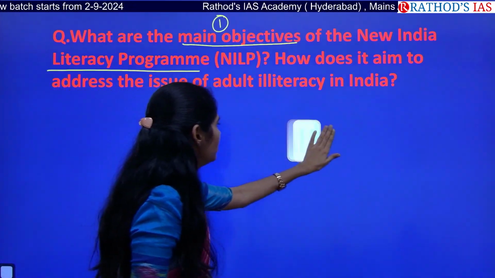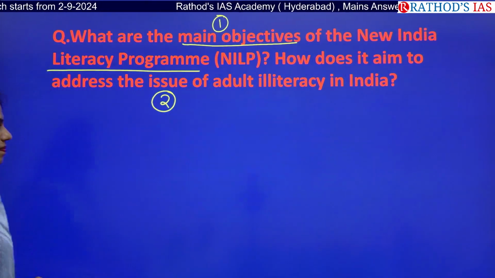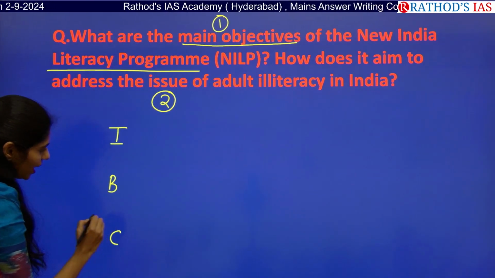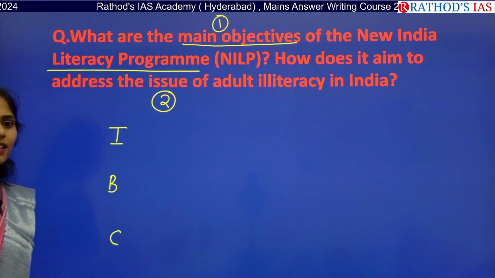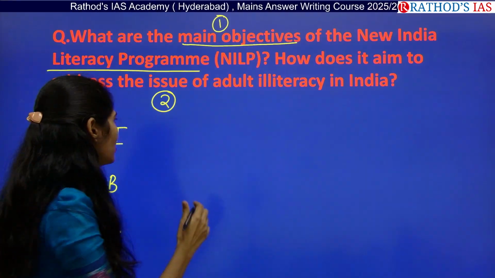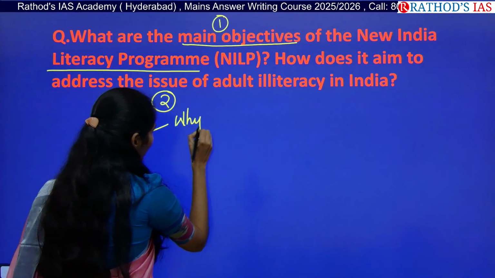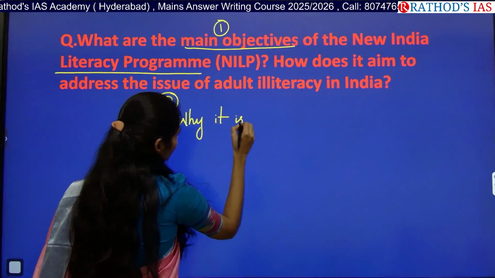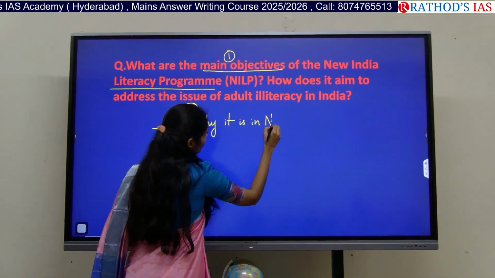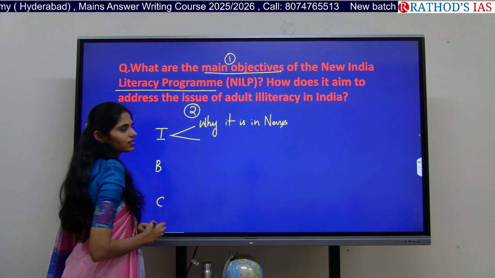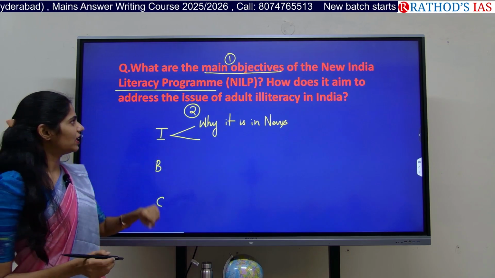So as usual, what is the structure of your answer? Introduction, body, conclusion. So what can you write in the introduction? First, you have to understand why it is in use, and you can write that first. Second, you can identify the keyword.